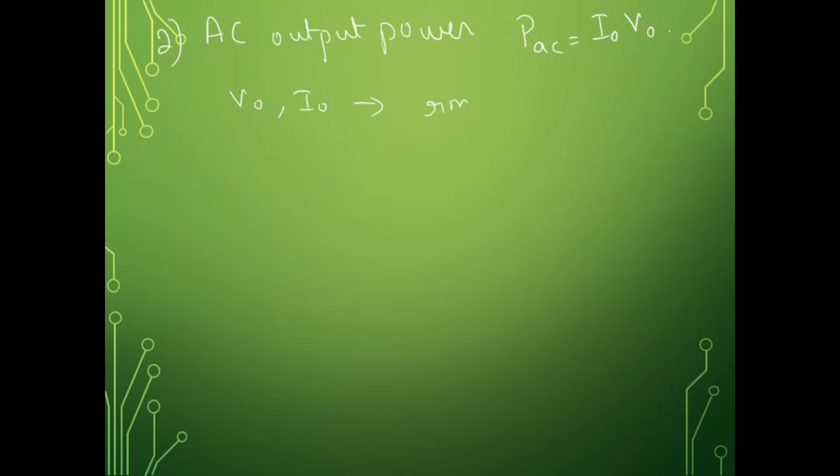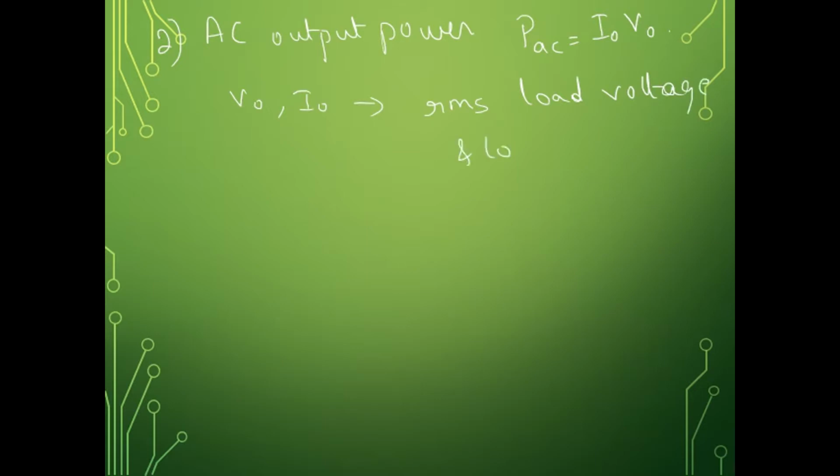The next one is the AC output power. PAC is equal to I0 into V0, where V0 and I0 are the RMS load voltage and RMS load current.